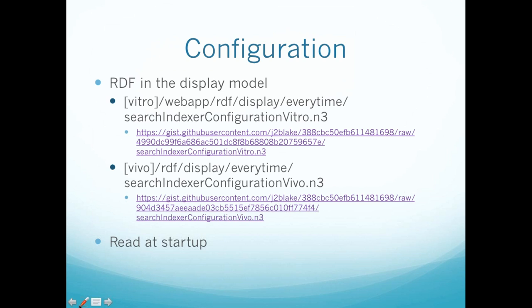So I'm going to point you once again at the gist. By the way, every one of these long links here is a link to within that first gist. If you scroll down to the file entitled Search Indexer Configuration vitro.n3, you'll be at this link.